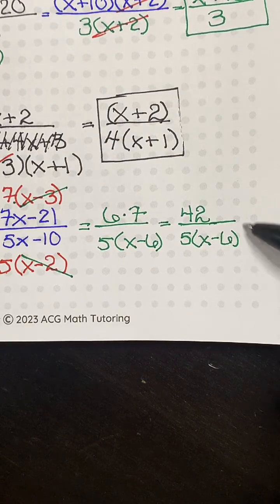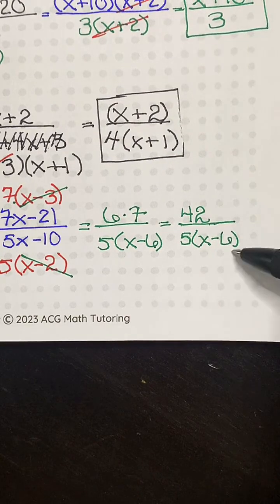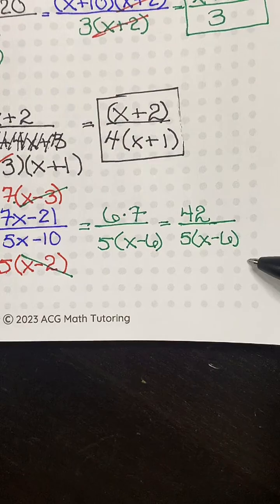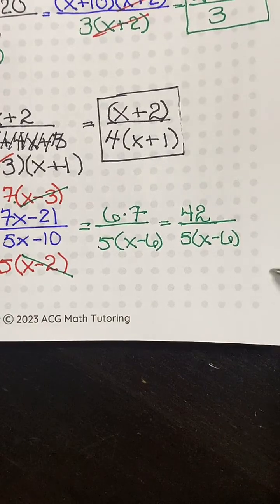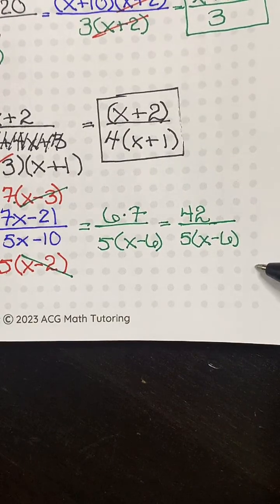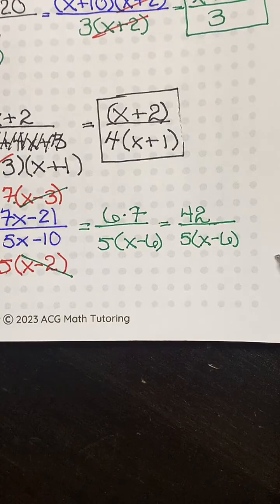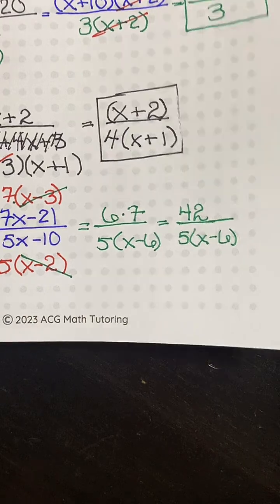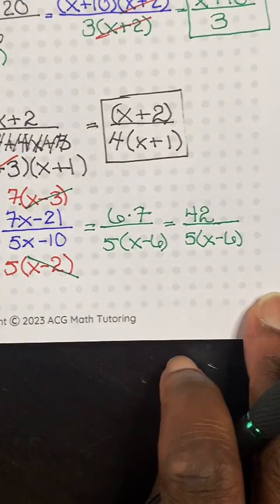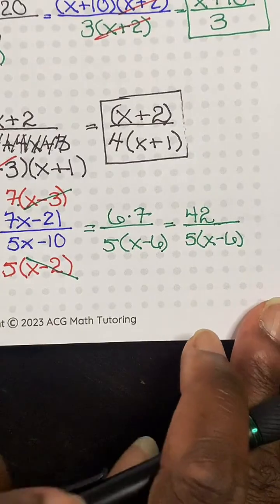Majority of the time, they're going to leave it as an improper fraction. It's going to be okay. All right, you got your 42 divided by 5, x minus 6. Perfect. So we did simplify.